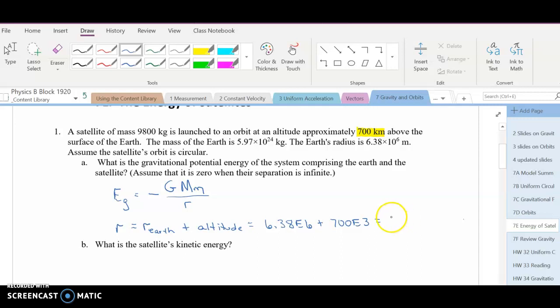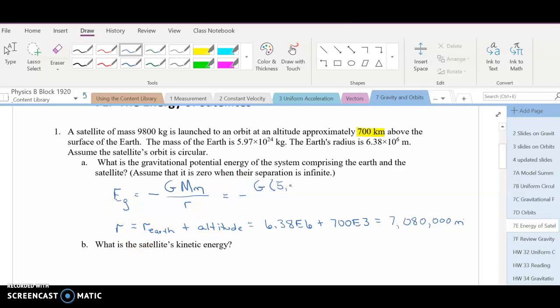And so I get that the orbital radius here is 7,080,000 meters.